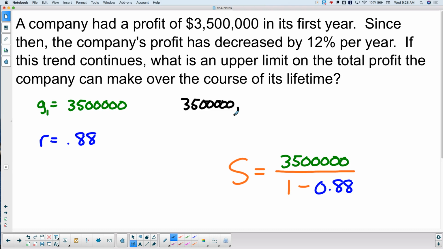Or if you did it by 0.12, 3,500,000 times 0.12 gets me 420,000. But that's how much the profits decreased. It says it right here, decreased. So that's how much they went down.